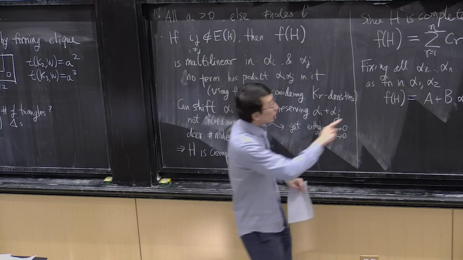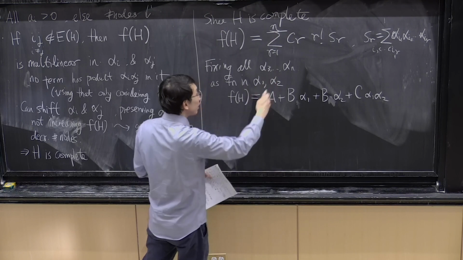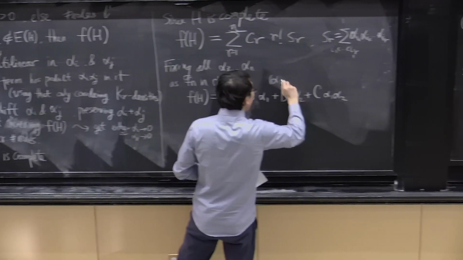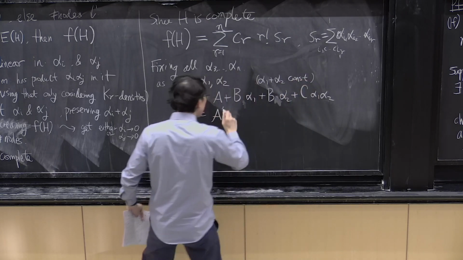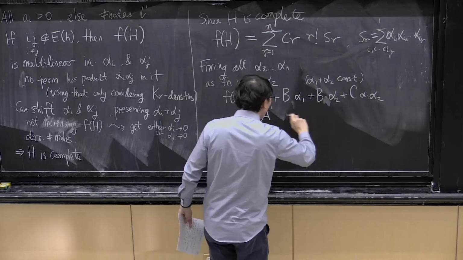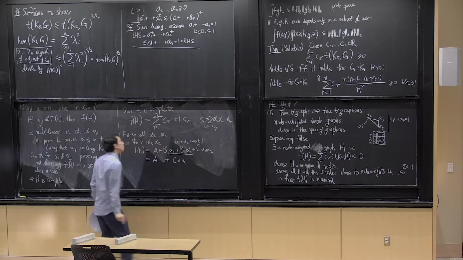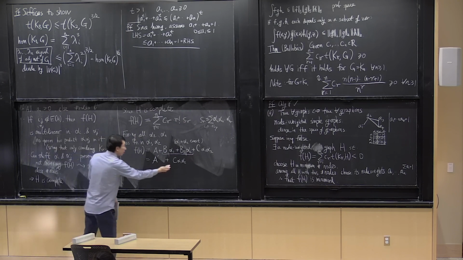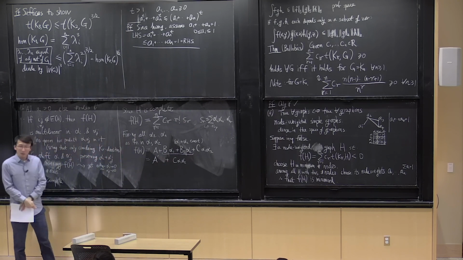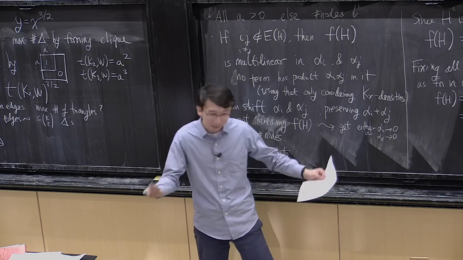So if we now vary alpha 1 and alpha 2 but fix everything else, because alpha 1 plus alpha 2 is constant, I can even get rid of this linear part. That linear part is fixed as a constant. I want to minimize this expression with alpha 1 plus alpha 2 held fixed.